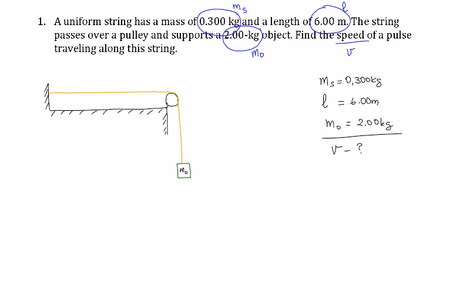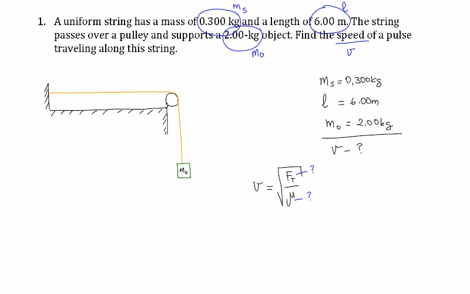We have derived and discovered that the speed of a pulse or a wave equals the square root of the force of tension over the linear mass density. Now, I neither have a force of tension nor the mass density. So both of them are something that maybe I can find.